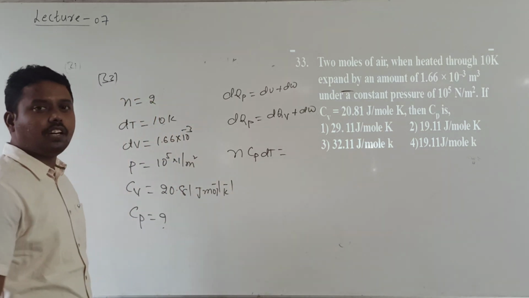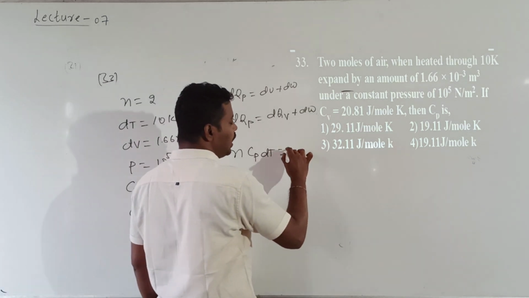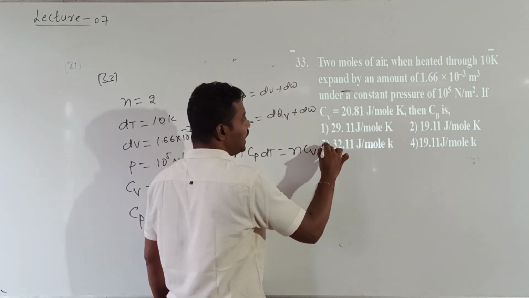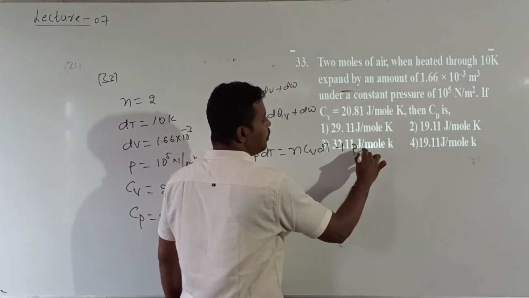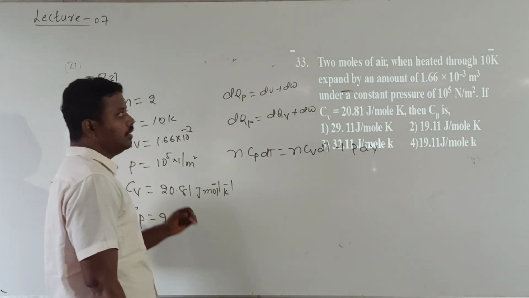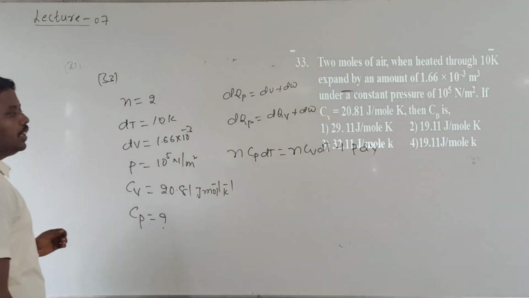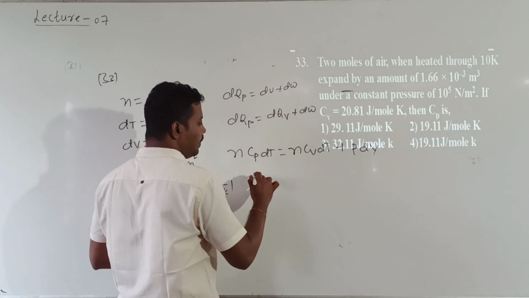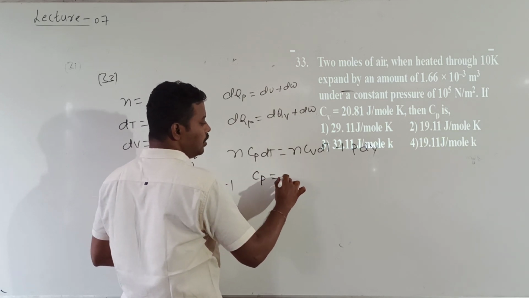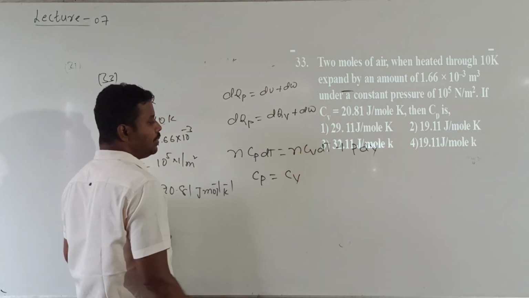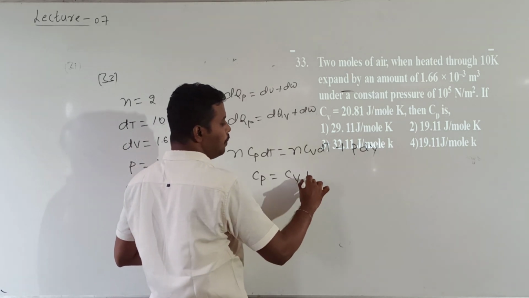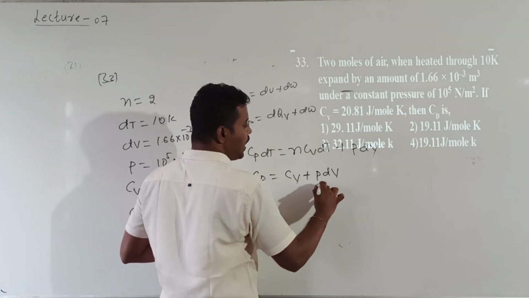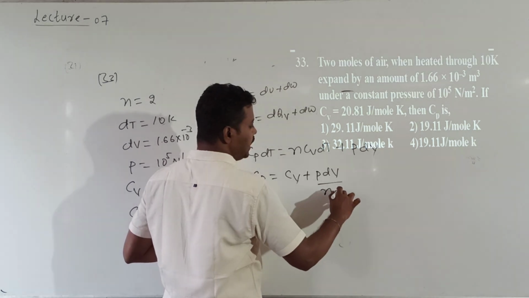That is the definition of specific heat. dQv value is n into Cv into dT, plus dW value P into dV. Dividing all the terms by n into dT, Cp is equal to Cv plus P into dV by n into dT.